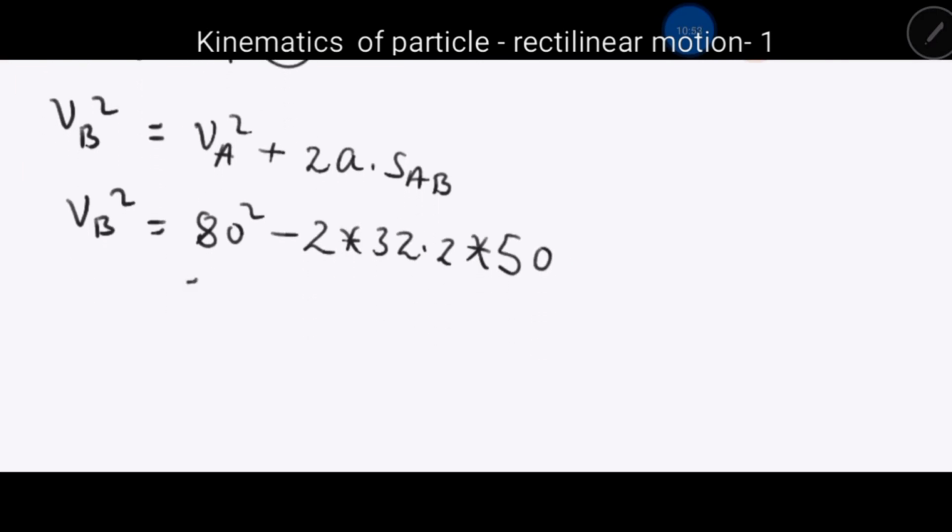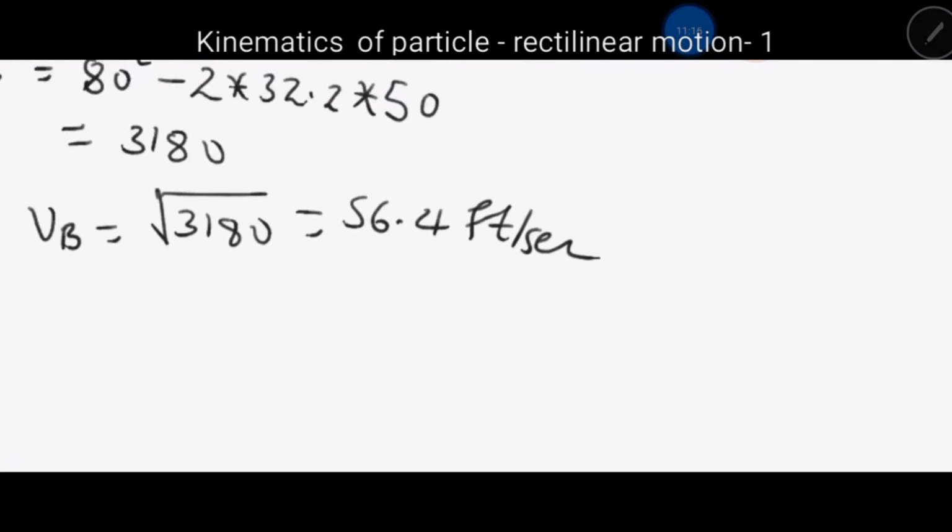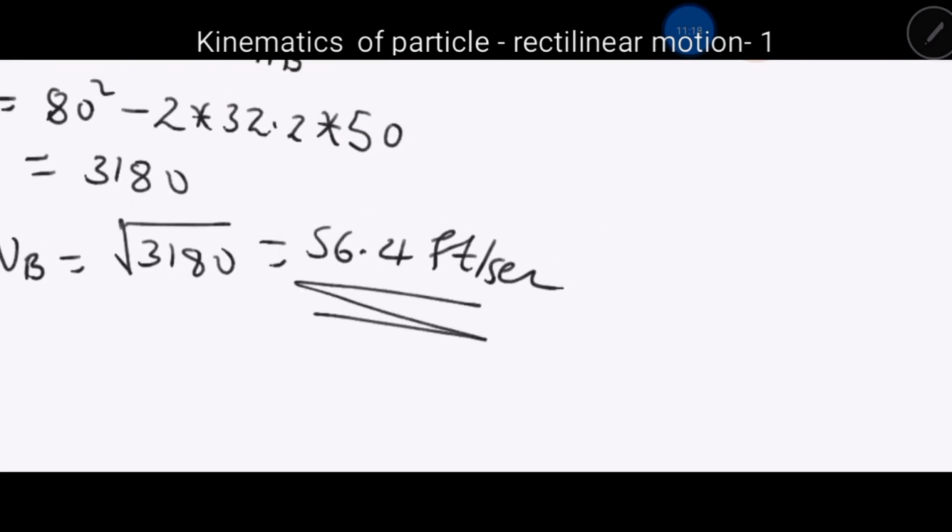When you substitute and calculate this numerical value, finally you can get 3180. This is the square one. If we take the square root, we can get 56.4 feet per second. So this is the required velocity of the given object.